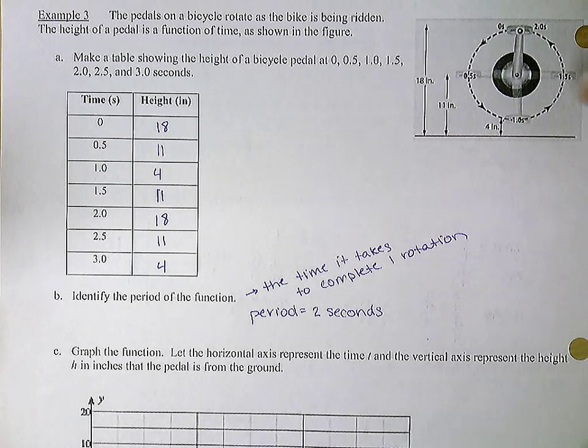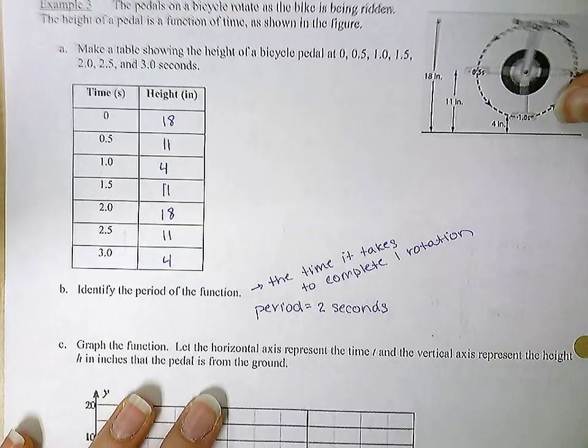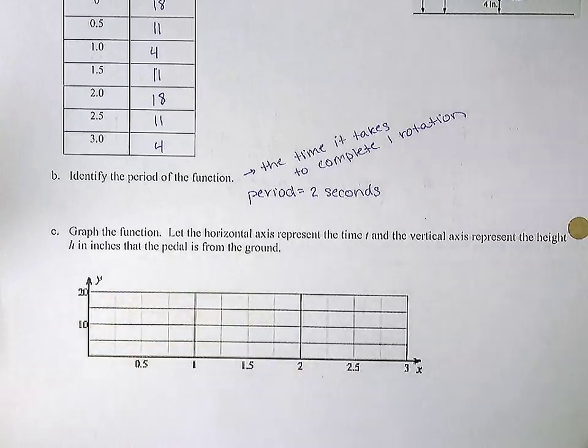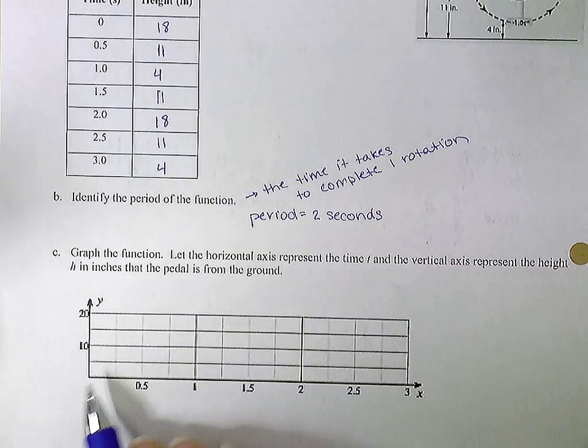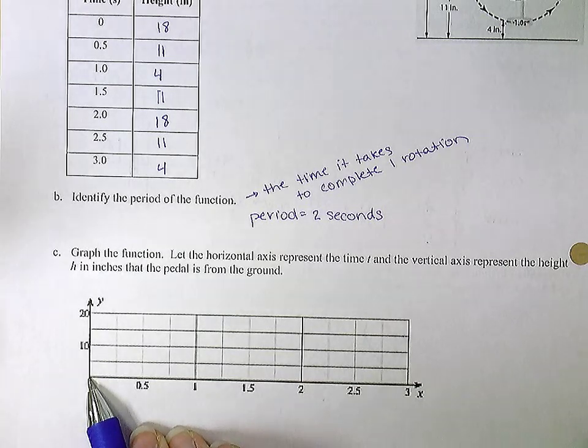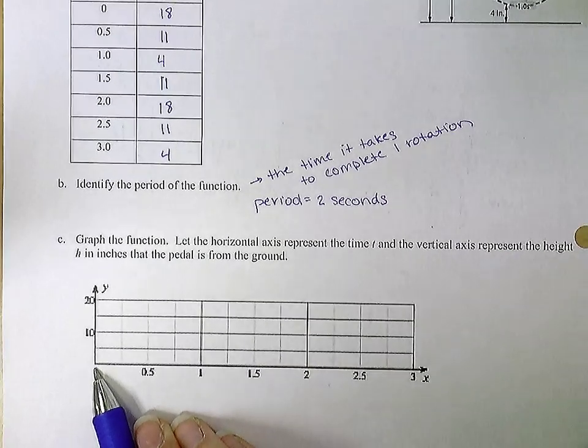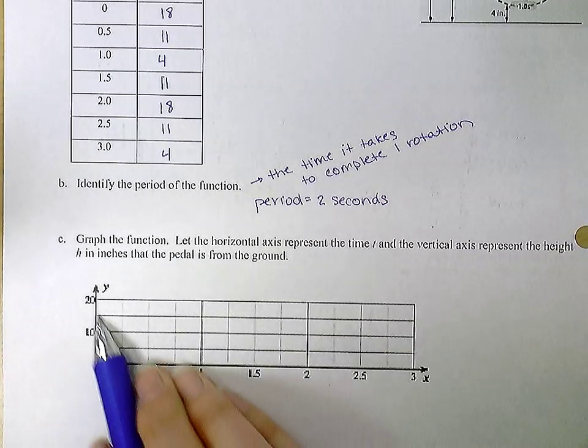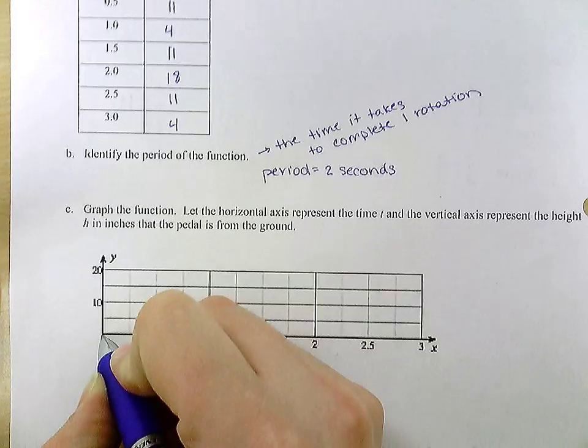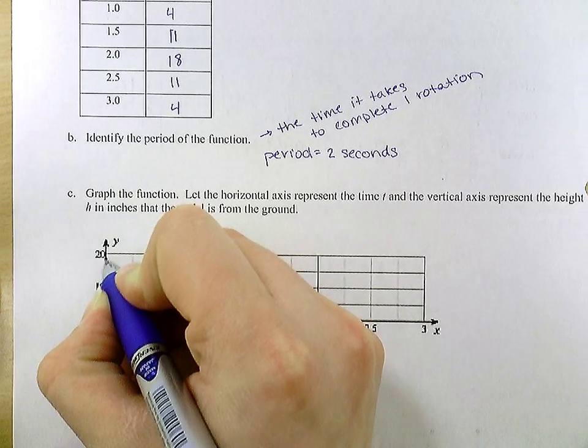The last part here is to graph our function. We're letting the horizontal axis represent the time t, and the vertical axis represent the height h in inches that the pedal is from the ground. We just have to use our table of values and plot these points. At 0 seconds, the height of the pedal was 18 inches, so at 0 we'll go up to 18.